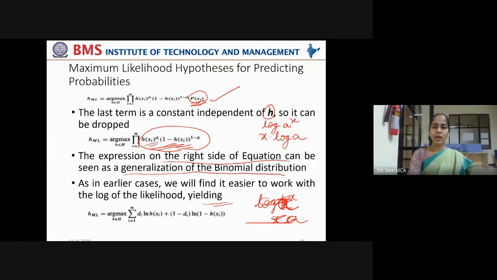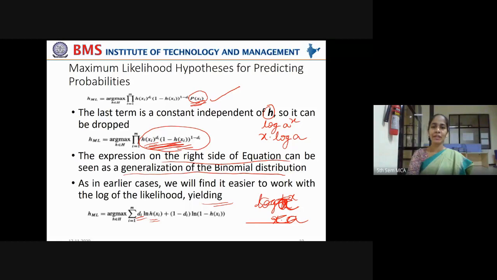Now, log you are applying to this formula. So how do you get the terms? This exponent term comes to the beginning, di, log is represented by ln, this h of xi, log applied to h of xi, plus. Product will become plus when you apply log. You know that: log of a into b is nothing but log of a plus log of b.